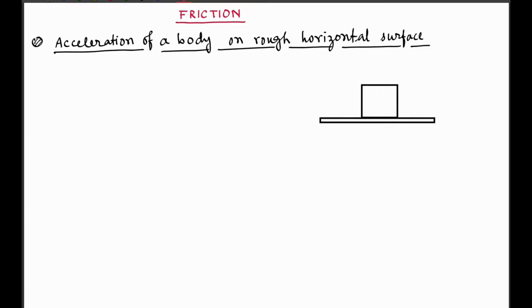Acceleration of a body on a rough horizontal surface. A body is placed on a rough surface and a force is applied on the body. Due to that force, the body is moving in that direction with an acceleration a.